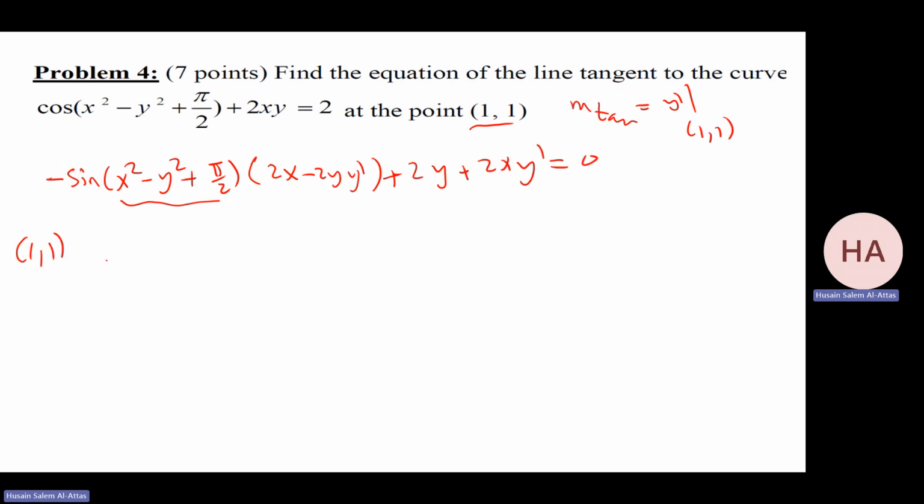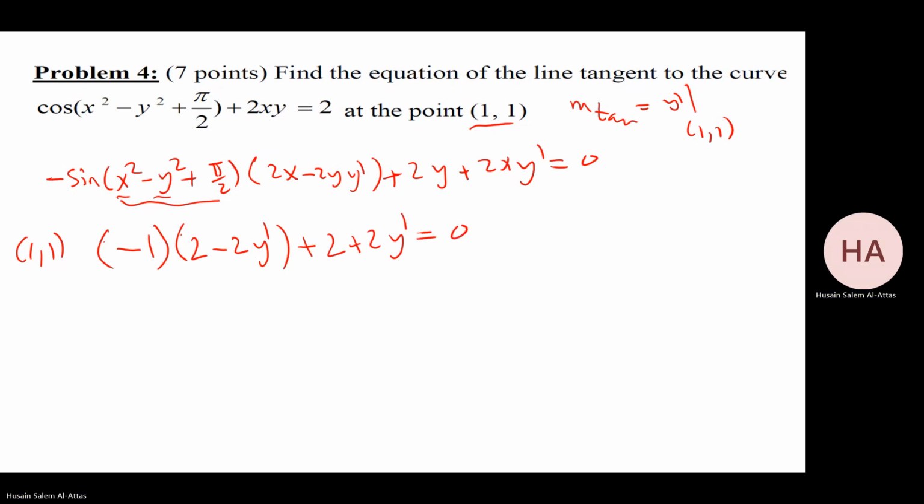Now at 1, 1 what do we have? 1 minus 1, this is 0, plus pi over 2, sine pi over 2, that will be minus 1 times 2 minus 2y prime plus 2 plus 2y prime equal to 0. So I got what? Minus 2 plus 2y prime plus 2 plus 2y prime equal to 0.